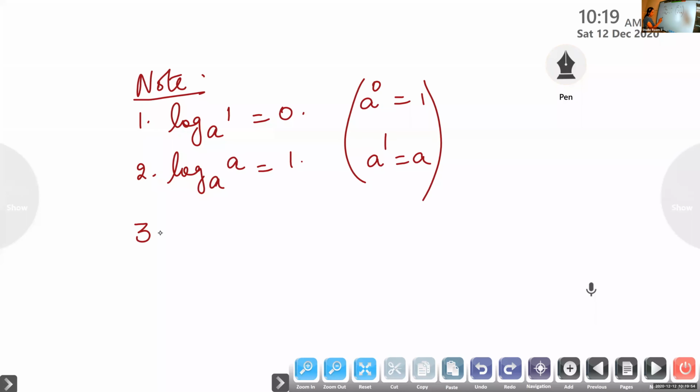Third one, listen children, is very important. Log x to the base a is the same as log y to the base a, so that implies x is equal to y.